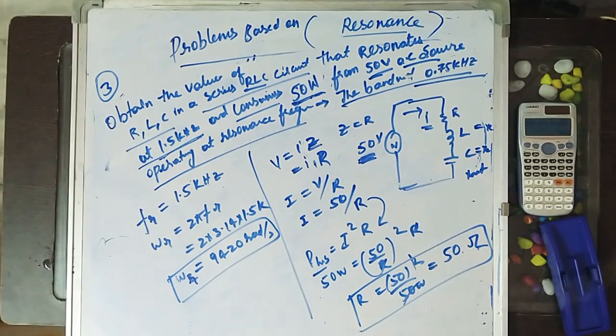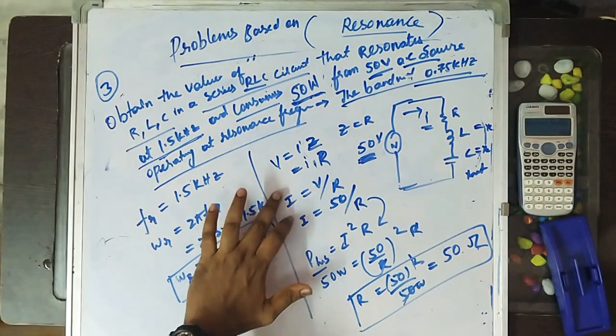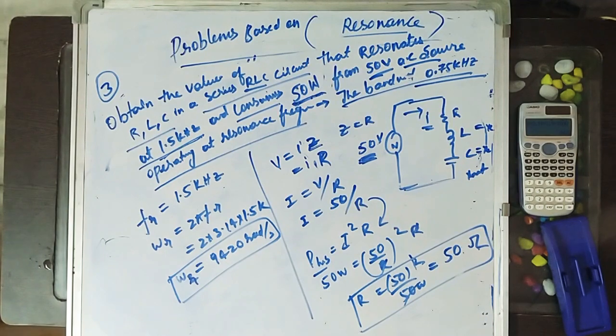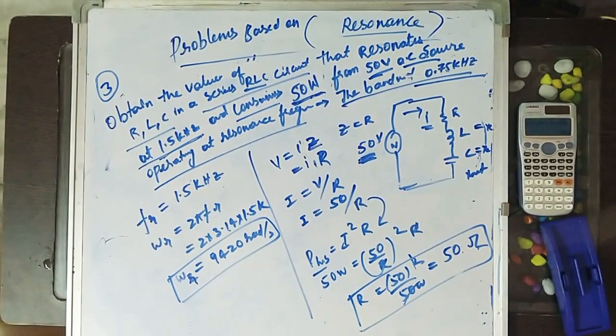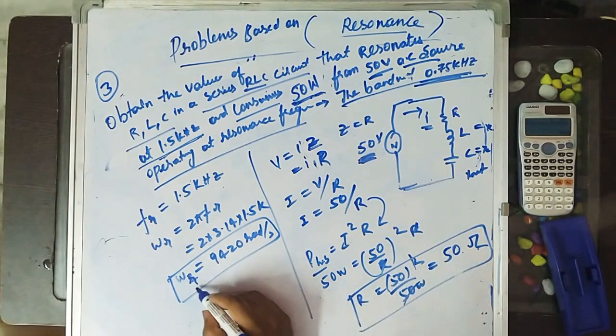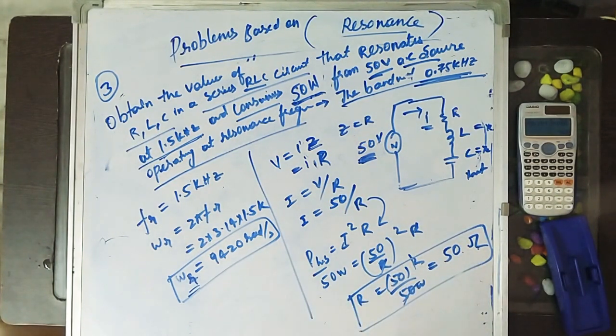At resonance, the impedance becomes only R. By Ohm's law, we are getting the R value as 50 ohms. So after getting the R value 50, what you will do is find L and C. You have the bandwidth also, and you have the resonance frequency also. So we have the quality factor Q equal to what?